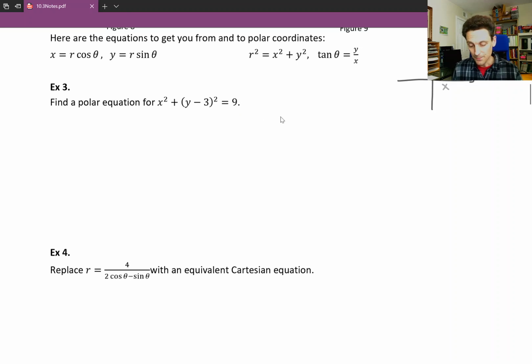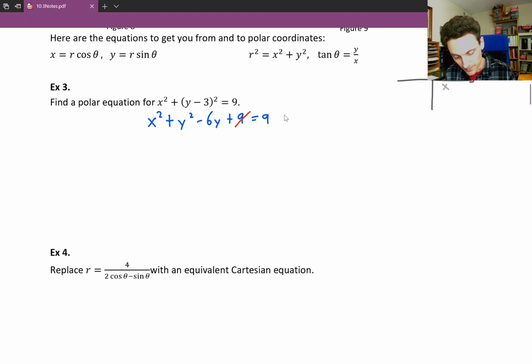It won't be too bad, but instead of directly plugging these in at the beginning, I'm going to take the y minus 3 and square it to give you y squared minus 6y plus 9 equals 9. There the 9's will cancel on each side when we subtract them off.